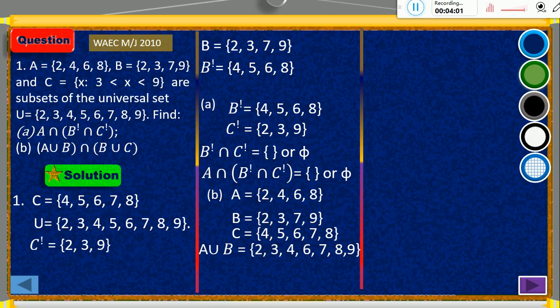In the same way, we are going to find also the union of B and C. So these are the elements.